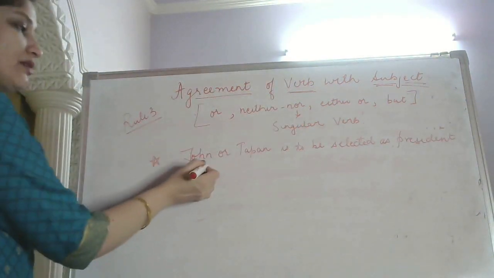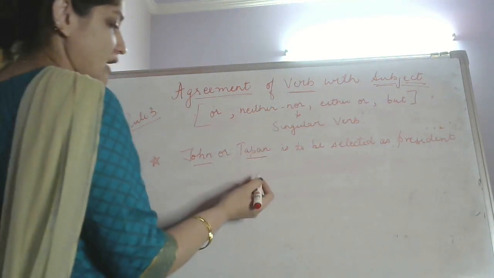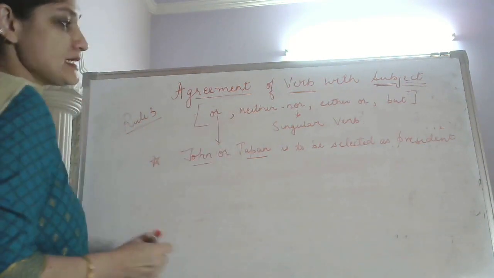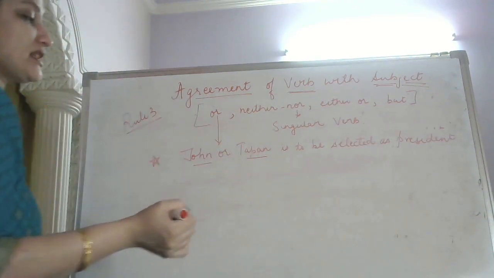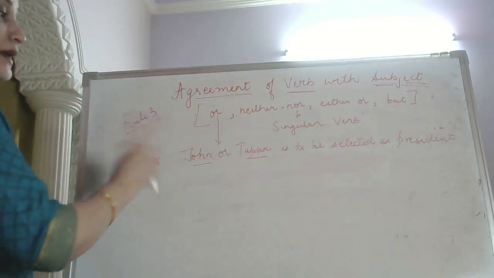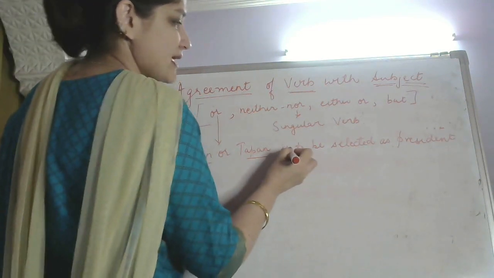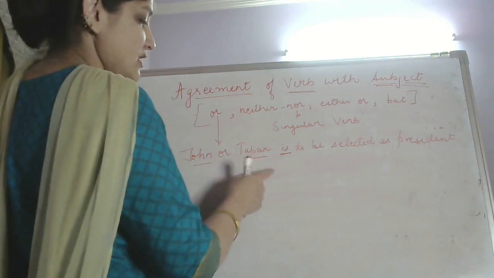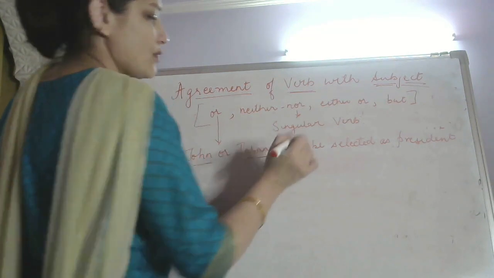You can see again we have two names here, two subjects, two nouns, but they are joined by or. They can be joined by or, neither nor, either or. That means again we are talking about one of them. One means the verb has to be singular. Is that clear? So we are talking about any one of them. That means the verb has to be singular.